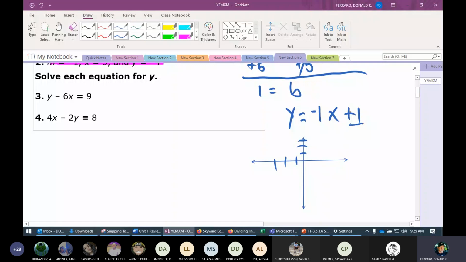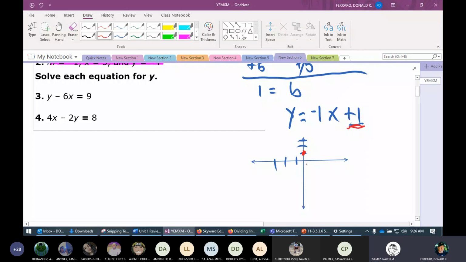And I take +1, that's my y-intercept. So I'll put that there, okay? And then which way do I move as far as my slope goes? Nieli? My slope, right? So I just found my y-intercept, which is positive 1. That's right there.